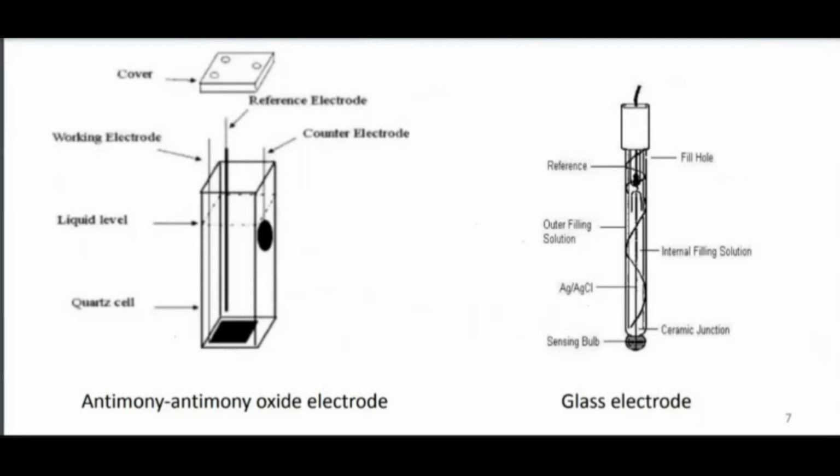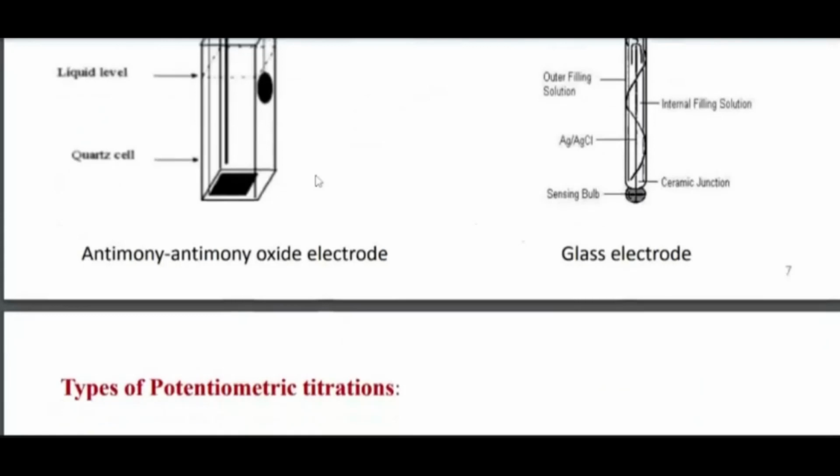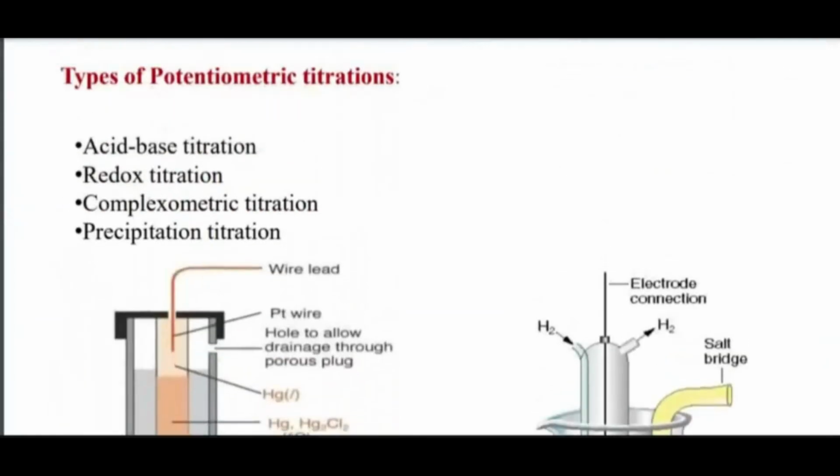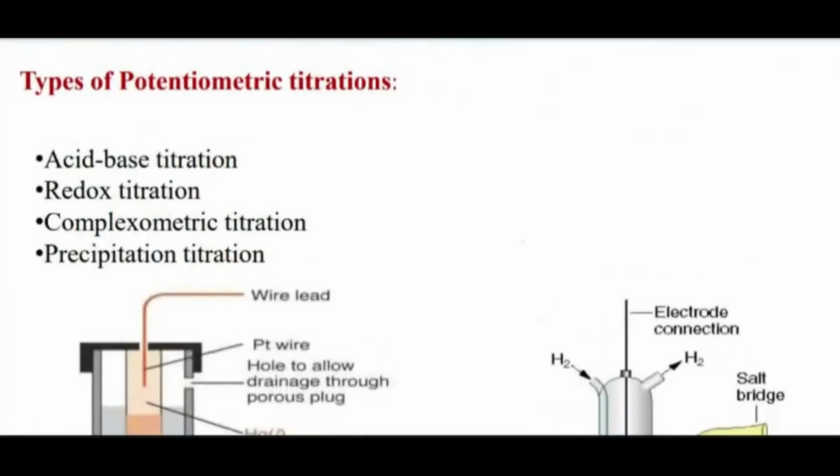So there are three electrodes. One electrode, the working electrode, is dipped inside the solution. The liquid is filled till this level. Then there is a reference electrode and a counter electrode. Now this much of the diagram, if you remember, is sufficient for you. These are types of potentiometric titration. Let us not go into that, it is not in your syllabus.